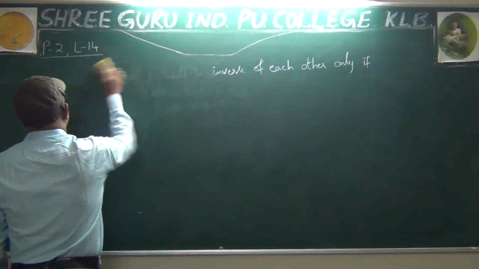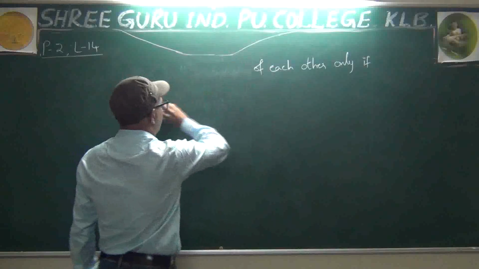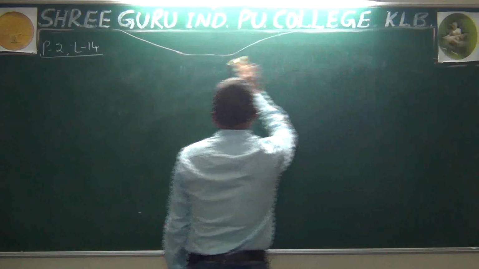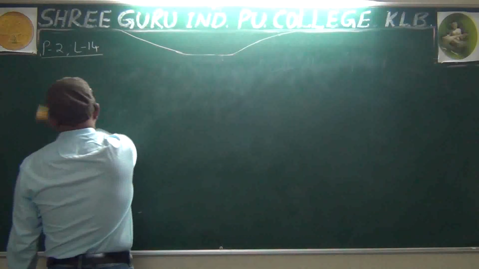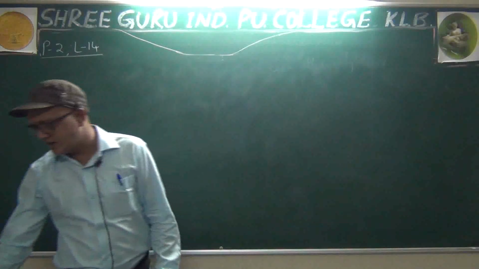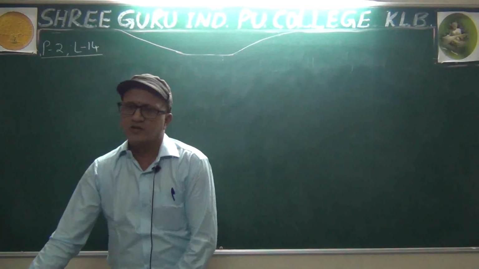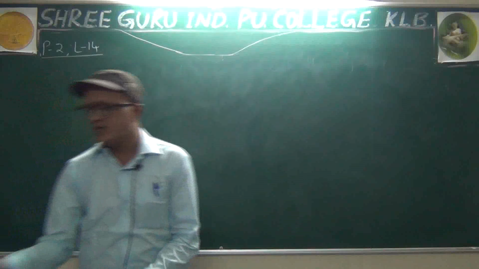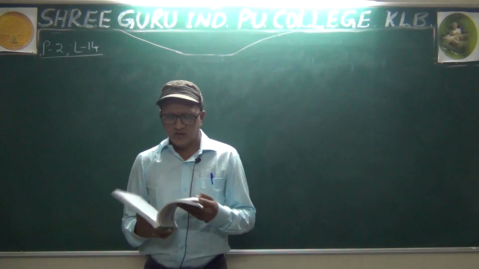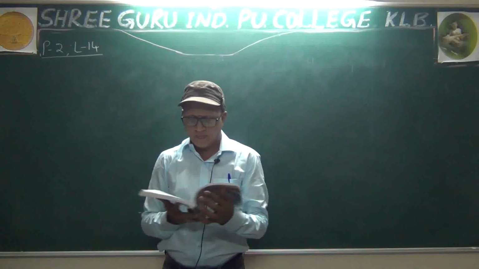In the definition, A and B are any two square matrices, and if AB equals BA equals I, then A is inverse of B or B is inverse of A, both are correct.